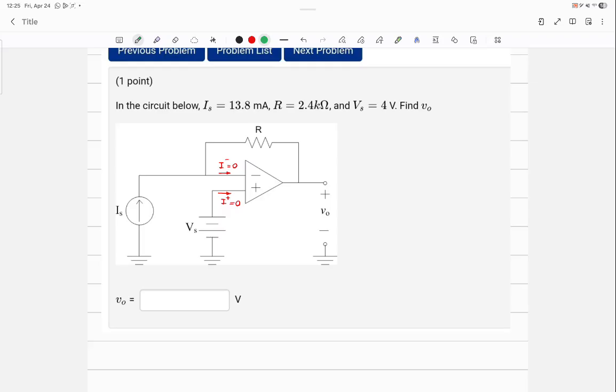Yes, because it's connected to a battery. So write the voltage at that terminal, V positive, is equal to 4 volts. What does that tell you based on the second rule? V negative should also be 4 volts. Everything else is exactly the same.